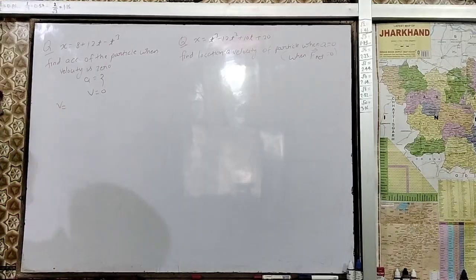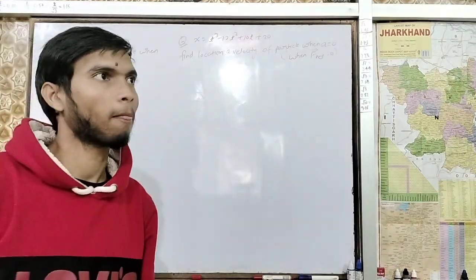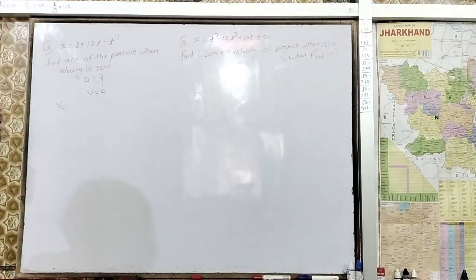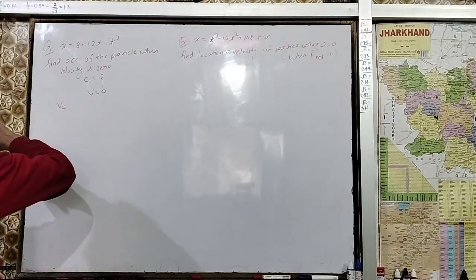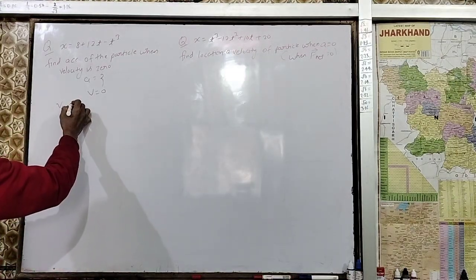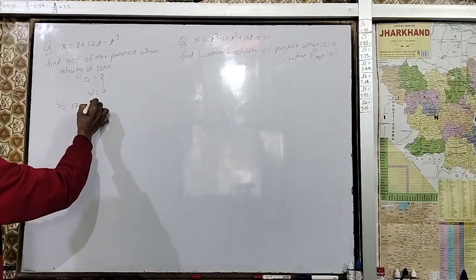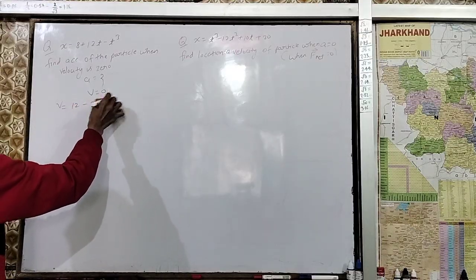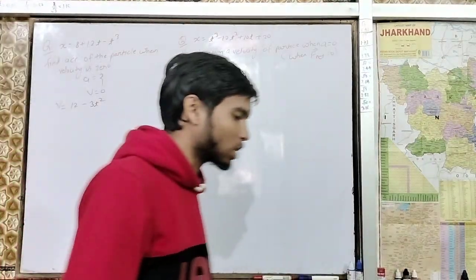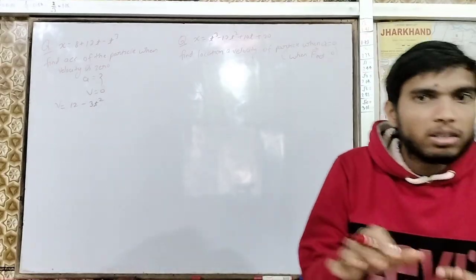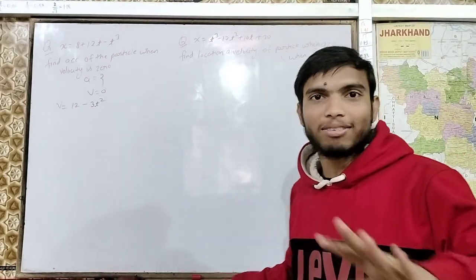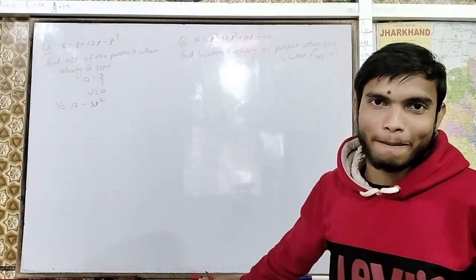So let's find the equation of velocity. We will differentiate it. So it will be 0, 12 minus 3t square. We have differentiated.